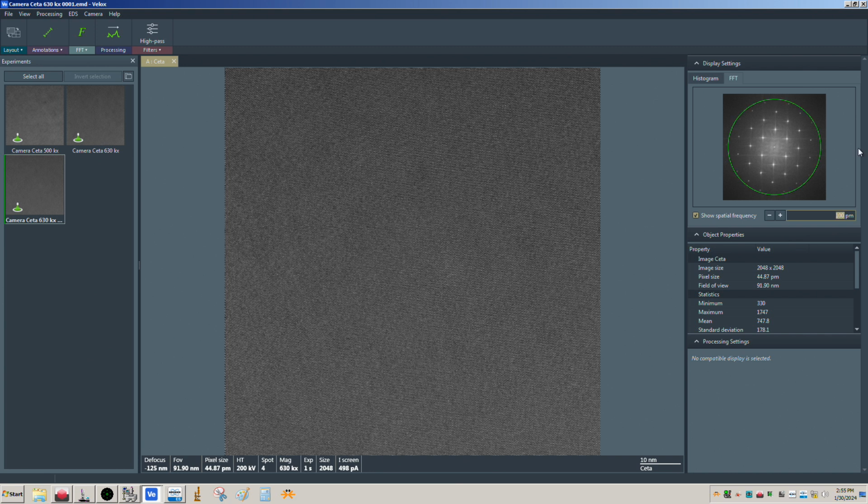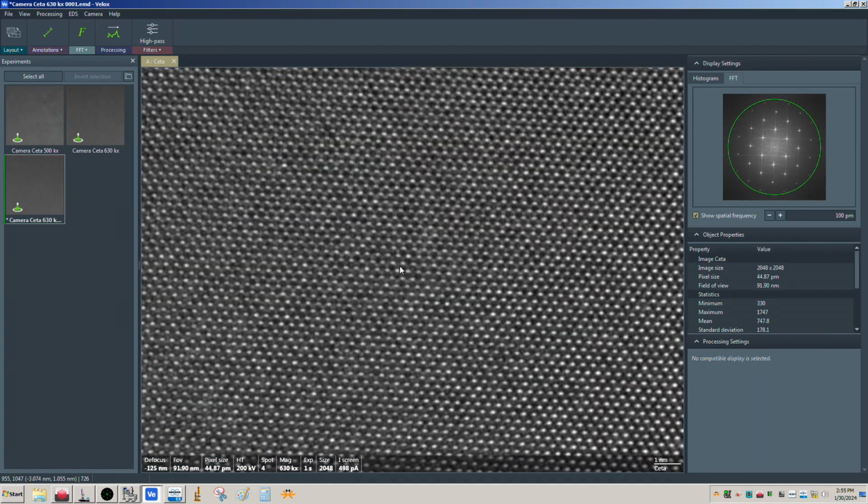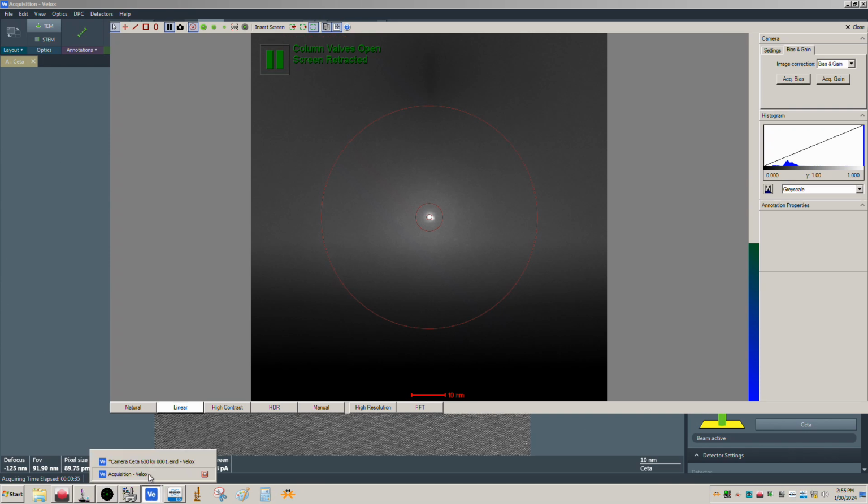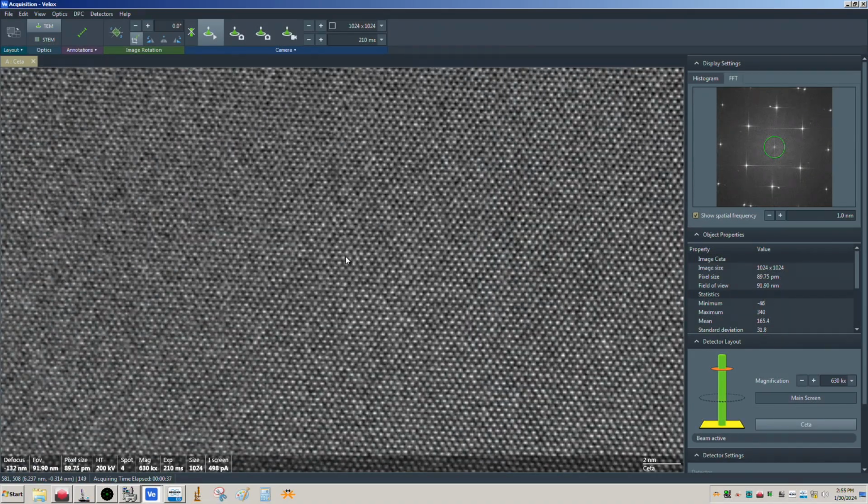There we go. Okay, so we're actually getting detail here, as you can see the spots here. So that's actually beyond 100 picometers in terms of the detail, which is great in terms of the information limit here. Let me see, yes, I can scroll in here.